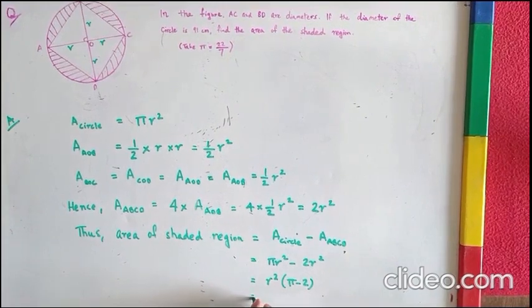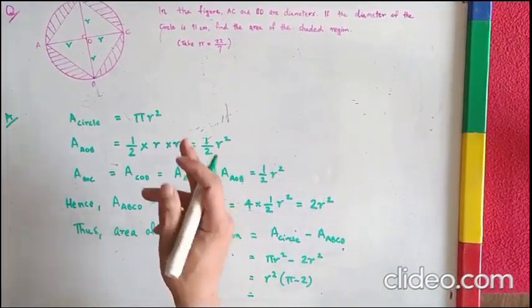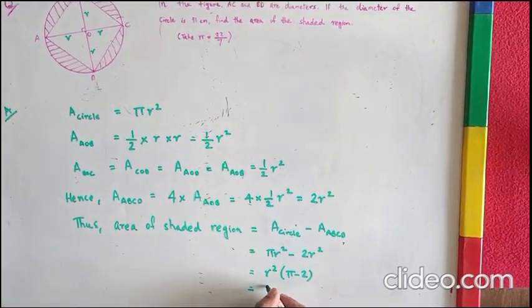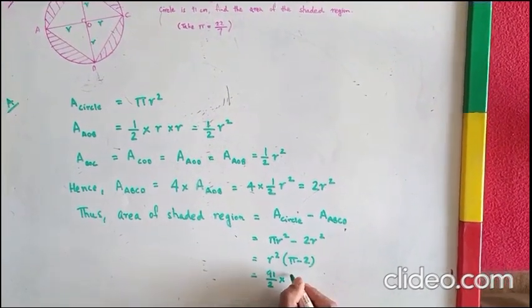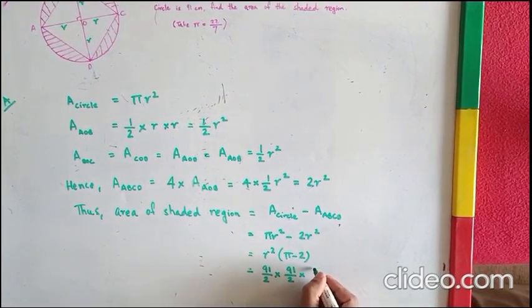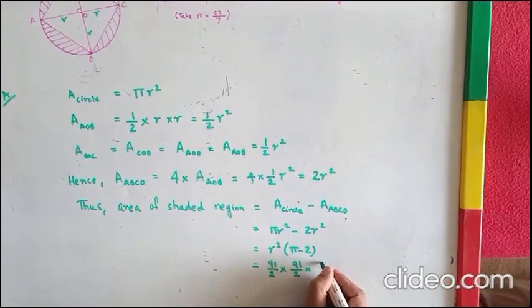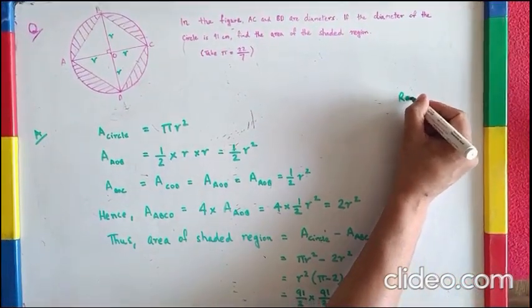Right? So now r is nothing but d by 2 and d is equal to the diameter 91. So 91 by 2, since it's squared, into 91 by 2 into pi. So what is pi, kids? Pi is nothing but 22 by 7. Now here we can do some rough work.